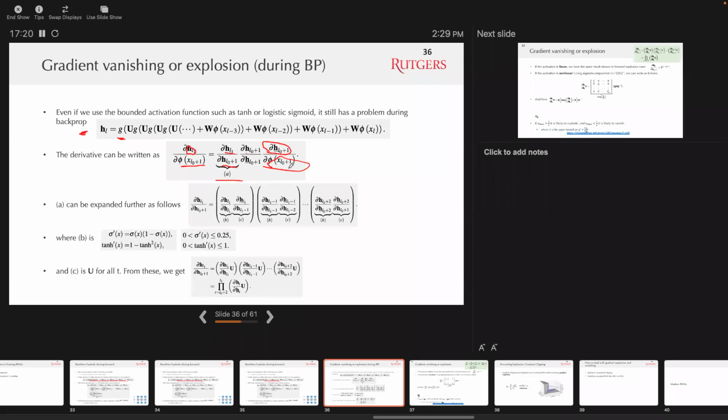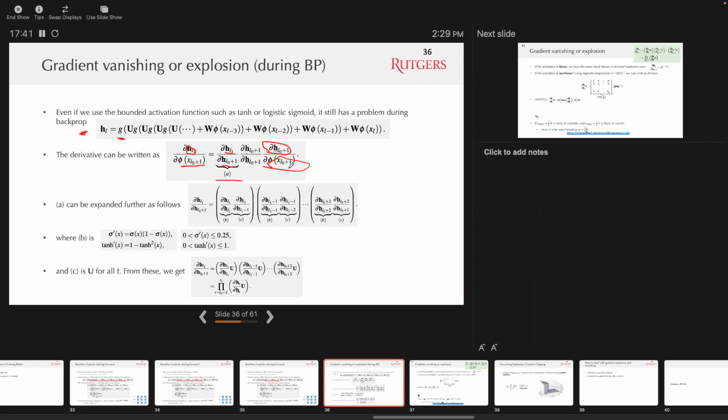These two terms are relatively simple because h1 and h1 underline are both in the same time step, so it's just one term. And h1 and x1 are also within the same time step, so it's also just one term.